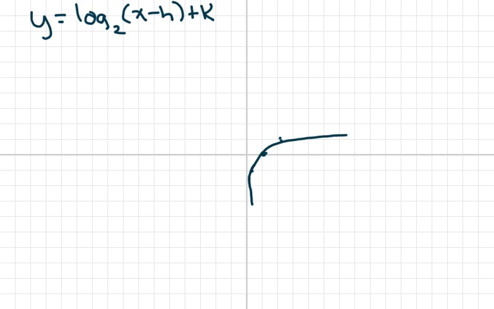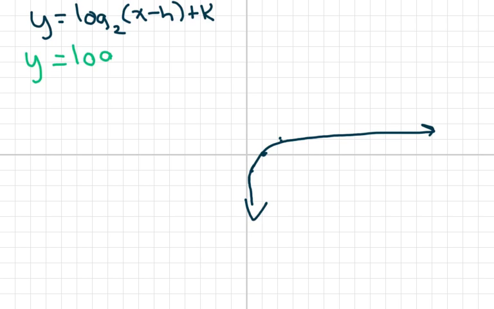And then we have to do transformation forms. So we have y equals log base 2 of (x minus h) plus k. So I'm going to draw my original again. So it's something like this. And if I want to shift this, let's shift it to the right by 4.